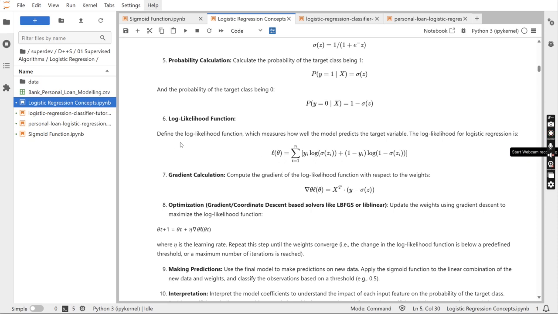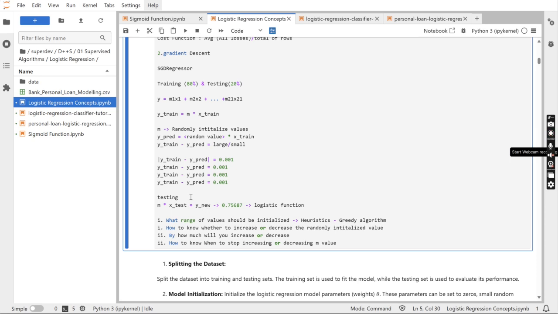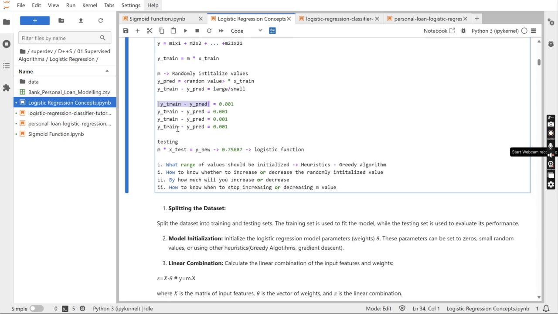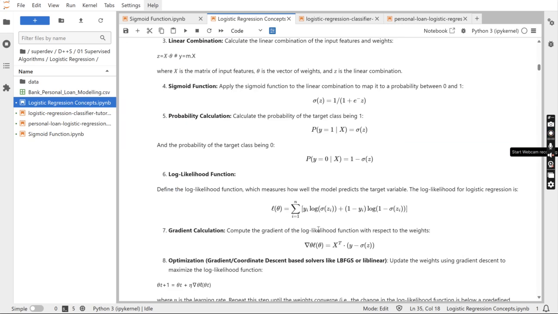Don't worry about this log likelihood function. This is for logistic regression. Another slight difference is that you don't directly subtract y train minus y pred. Instead, your loss function will become this: y log of sigma.